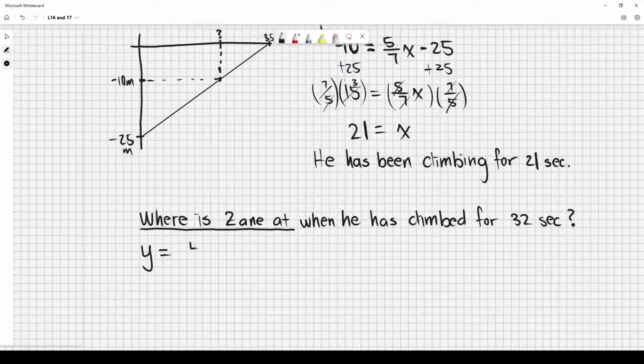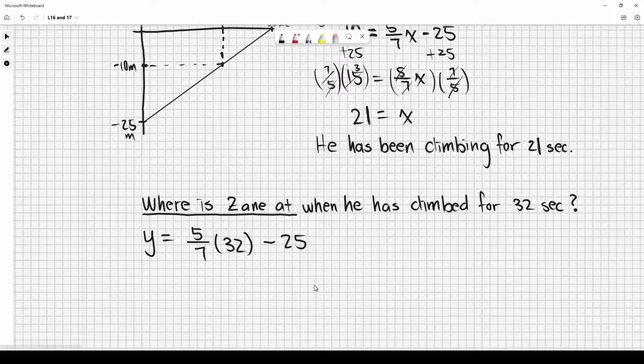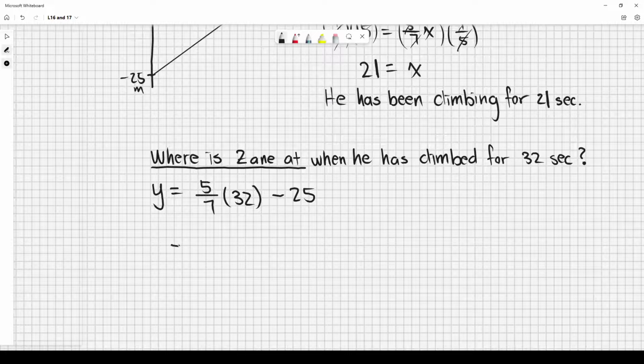So same equation, except now we're plugging in the x, which is 32. No, plus minus 25. So you gave me a fraction. Nice. I'll do it in the fraction as well. So 5 times 32, 160. Yeah, 160 over 7 minus 25 times 7.